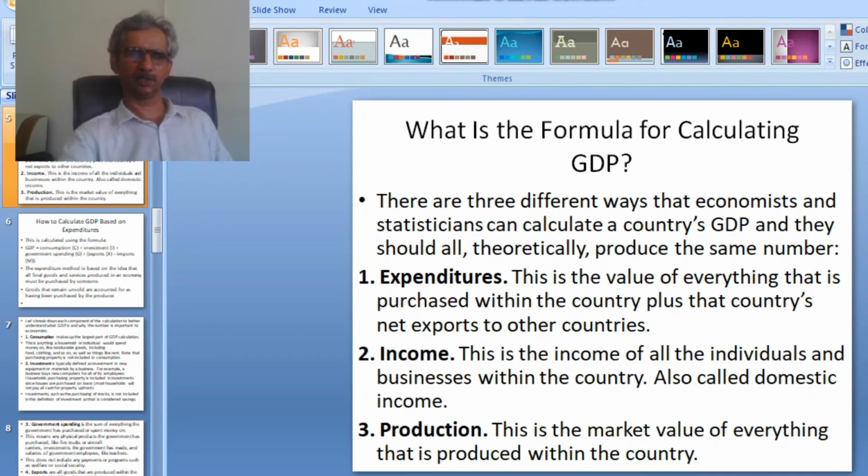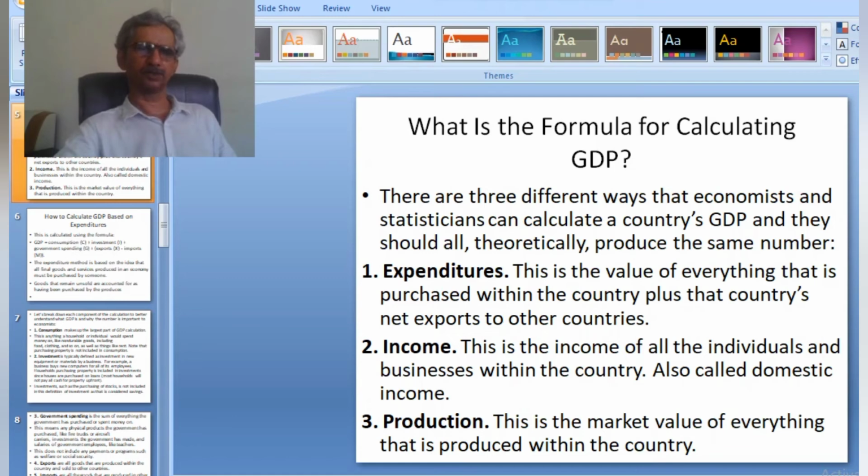In the expenditure method, we add all the expenditures incurred during a given time period, the year, whether it's consumption expenditure, investment expenditure, government expenditure, and the net of the exports.